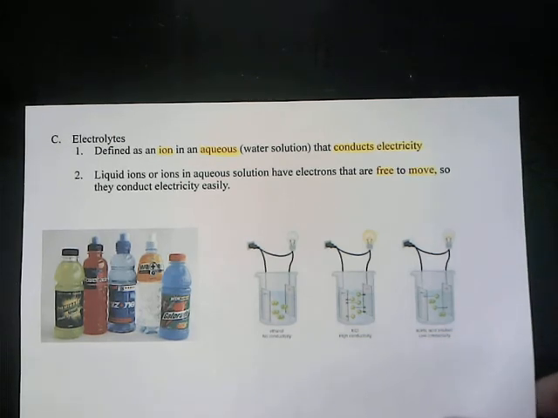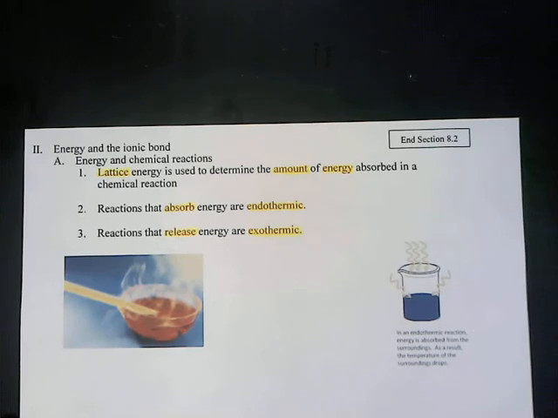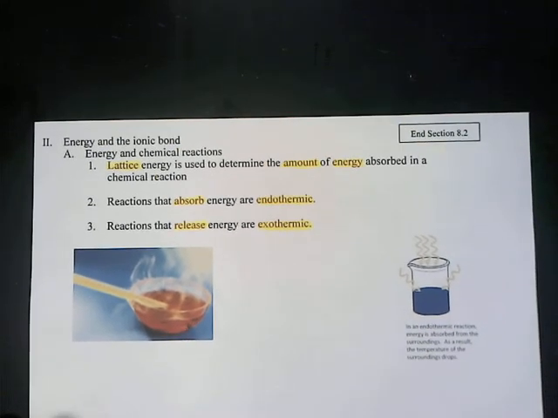All right, our last thing that we need to talk about is energy and chemical reactions. Remember, ionic bonds form because of chemical reactions. Where that all comes from is the energy involved in that particular exchange. So lattice energy, the energy in that crystal structure, is the amount of energy that is absorbed by a chemical reaction.